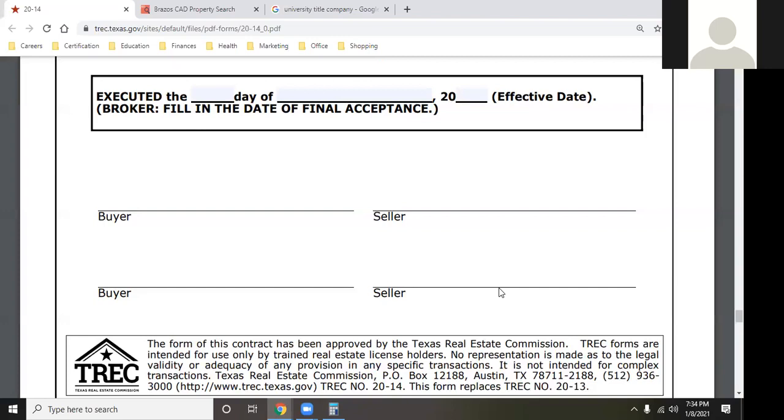Because if they're going back and forth, and then Stefan just happens to send one to you, Miss Linda, and you say, oh yeah, I accept, and then Travis accepts, now guess what? You're buying two houses. In this situation, you have to make certain your client stays with one house.